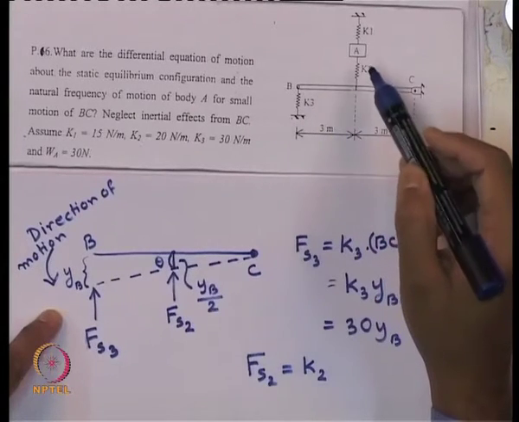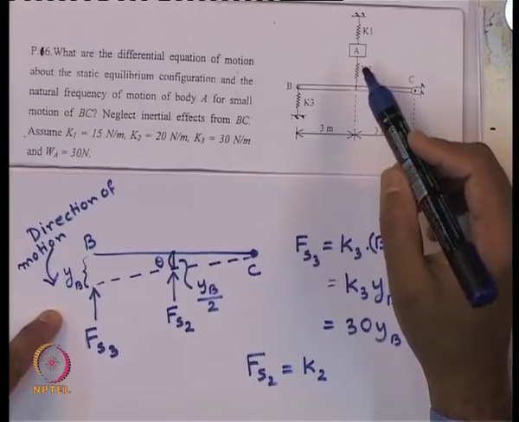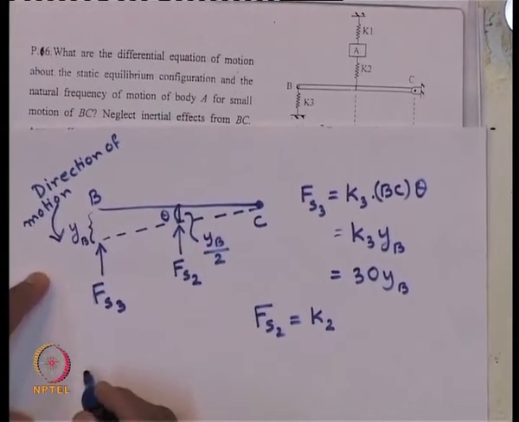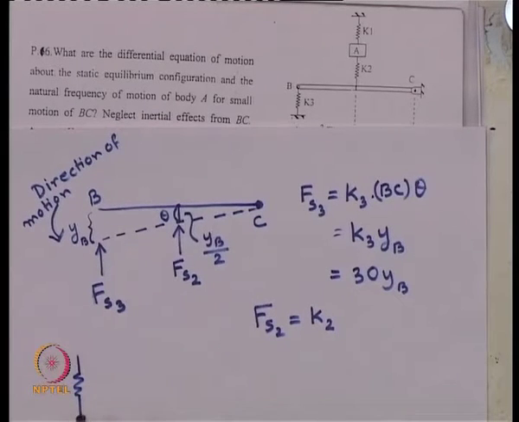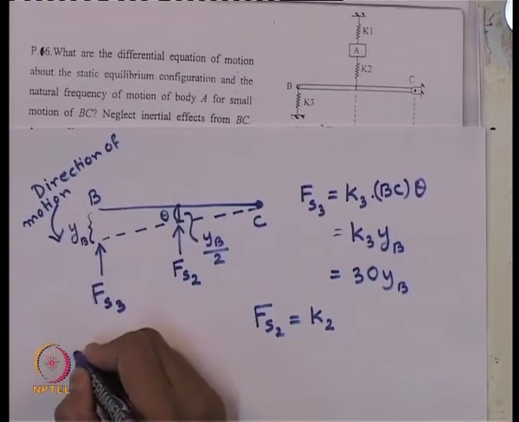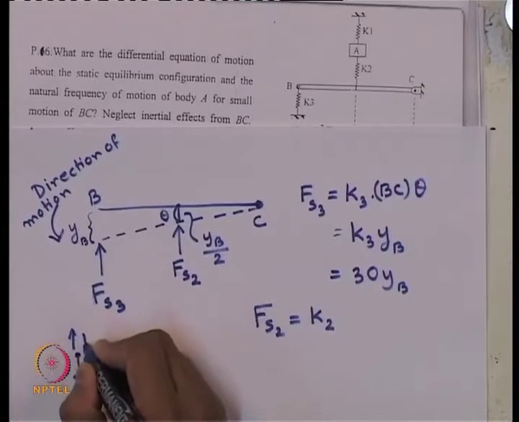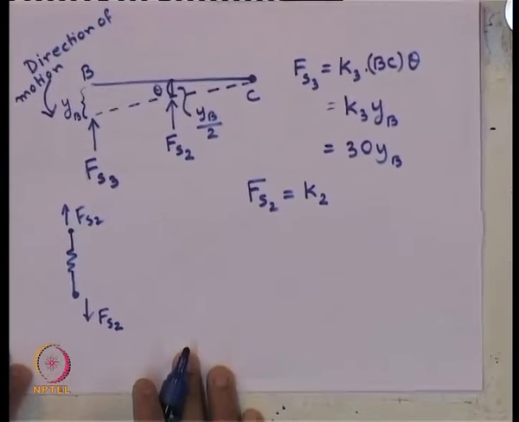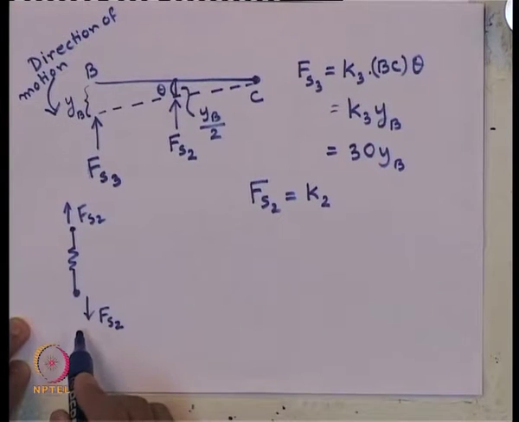the two ends. So, it is better if we draw the free body diagram of the spring 2, that will give us a better picture. At this end we have F s 2 acting in this direction, F s 2 acting in this direction. So, I am drawing the free body diagram of the spring 2.